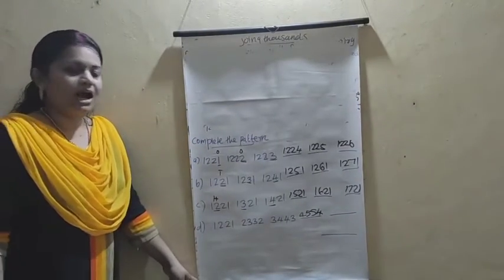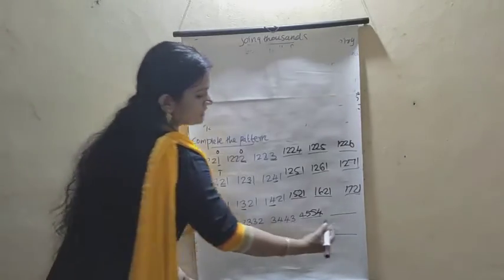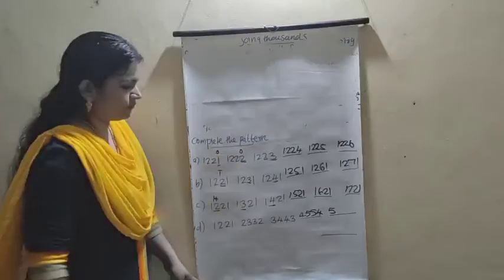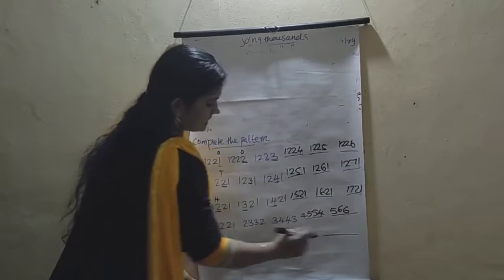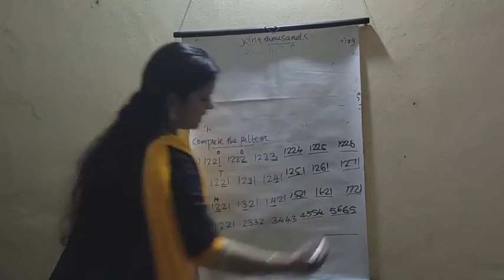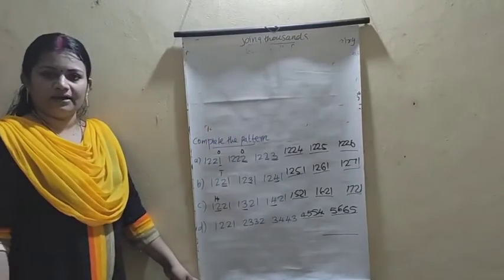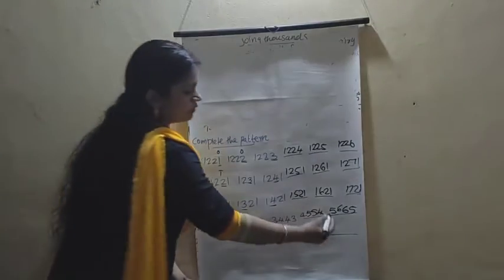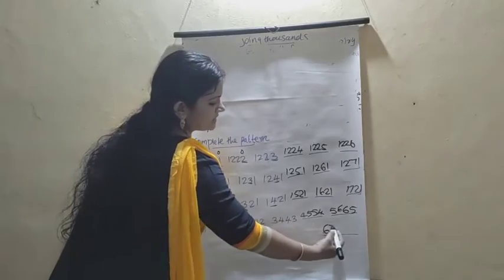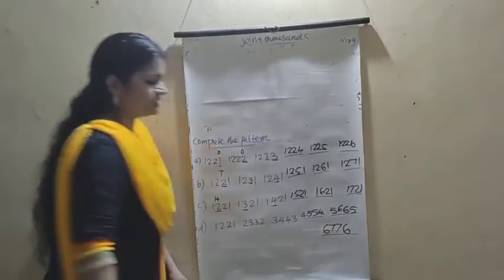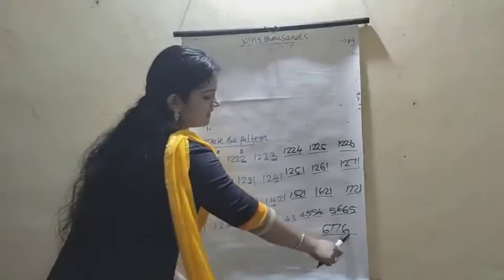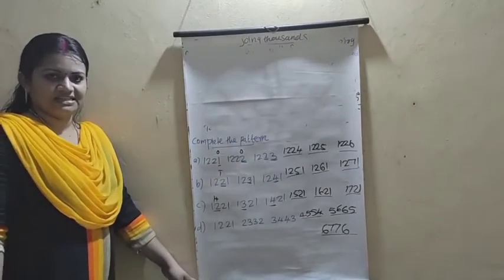Then read this number: 4554. Understood? Next, the thousands place: 4 changes to 5, 5 to 6. Then what is the answer? 5665. Understood? 5000, 6000. Then 5 to 6. What is the answer? 6776.